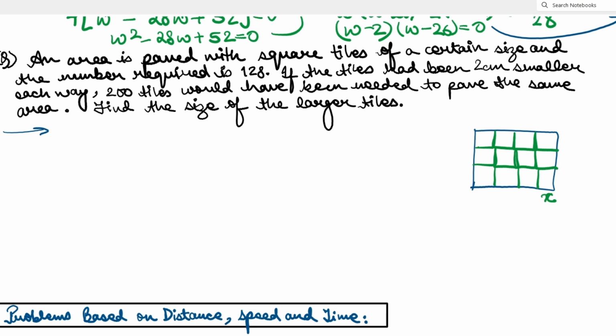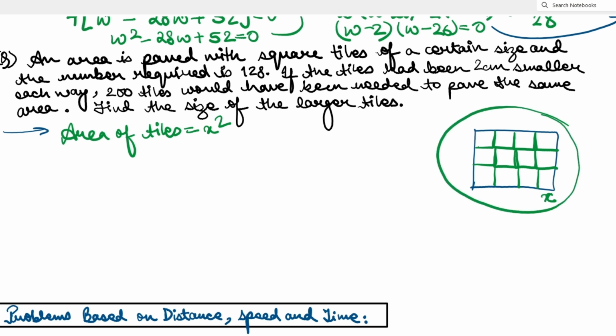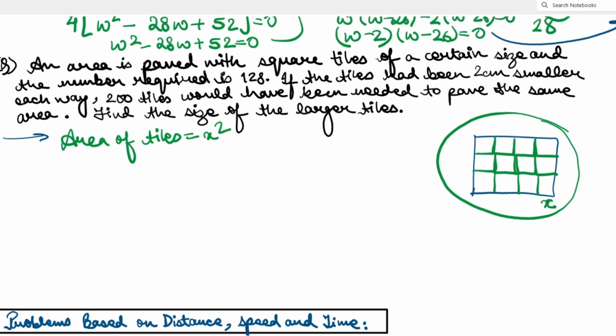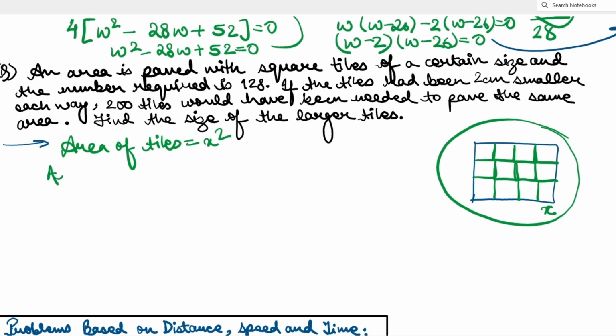So the area is paved with the square tiles of a certain size and the number required is 128. So you can take the area of a tile as x square. If you talk about the entire area of this floor, the area needed becomes equal to what?